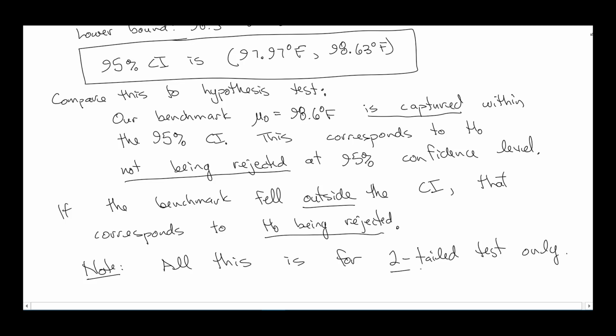Okay, this correspondence between the hypothesis test and the confidence interval really only works, it only really makes sense for a two-tailed test, because remember, basically every confidence interval is considered to be two-tailed, at least in the standard way of doing them, which means you're going to always put half the alpha in each tail.